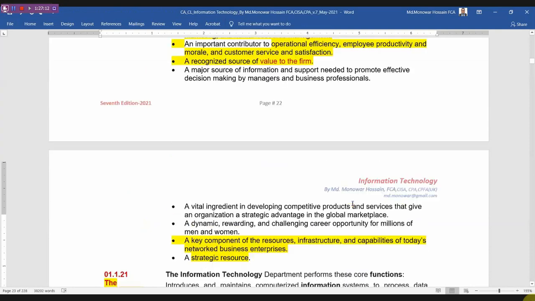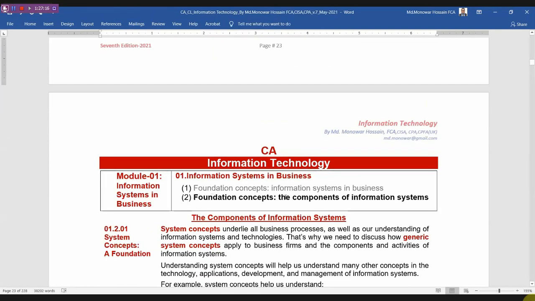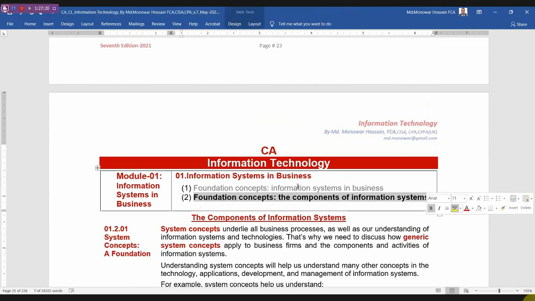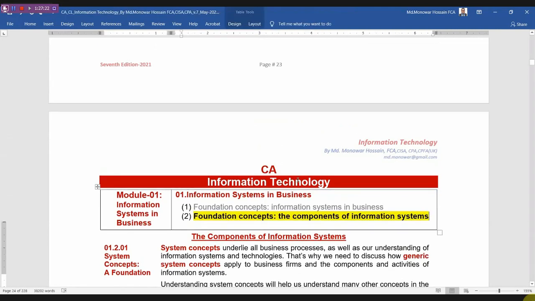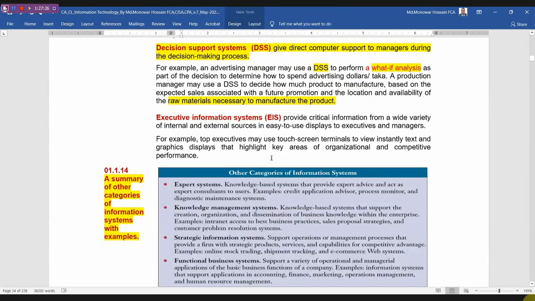So here we finished number 1, the fundamental concepts and components of information systems. This is the second one. Let me summarize number 1, what we just discussed.